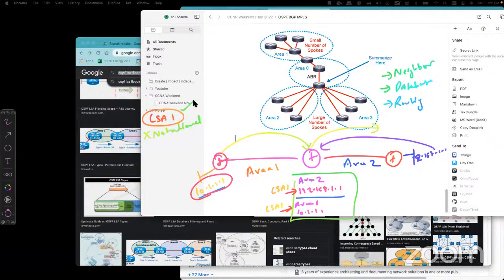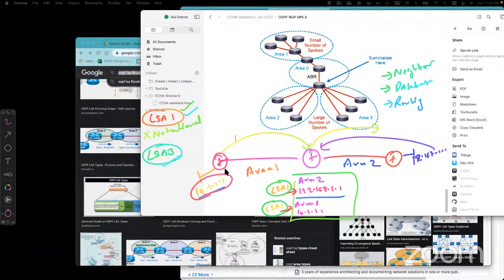They are like kids, not allowed to go outside the home or the sector. So if these two kids want to share information with each other, they need a parent, which is called LSA 3. This is Papa, these are kids. Kids cannot go from one area to another area.